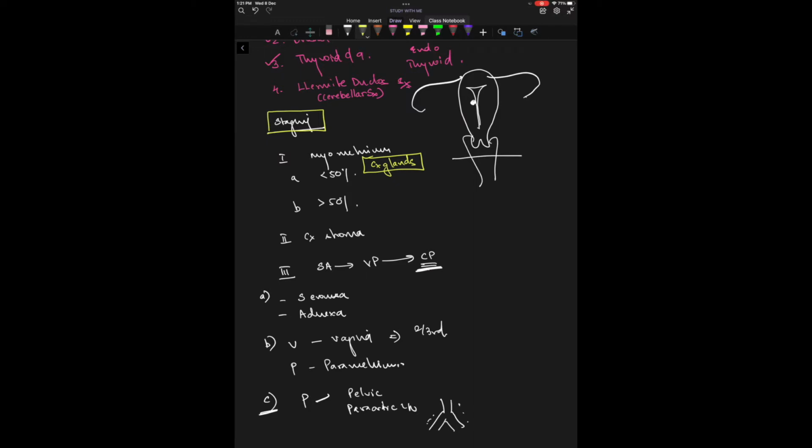This is the endometrium, myometrium. So in stage 1, myometrium is involved. We further classify it as A and B, where A is less than 50% of involvement and B is more than 50% of involvement. Also remember that along with myometrial, cervical glands are also involved, okay? Only the glands. In stage 2, cervical stroma is involved.